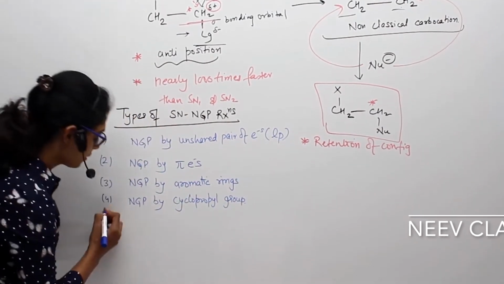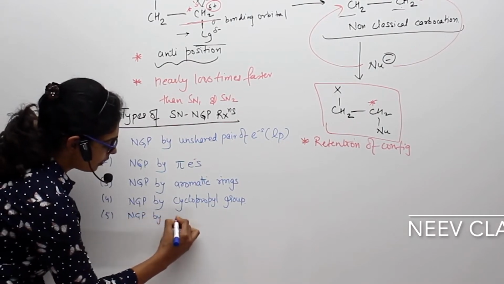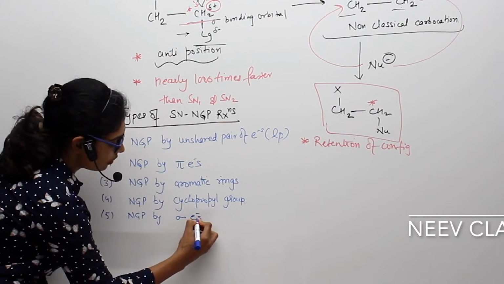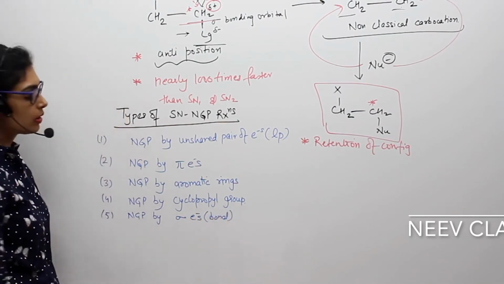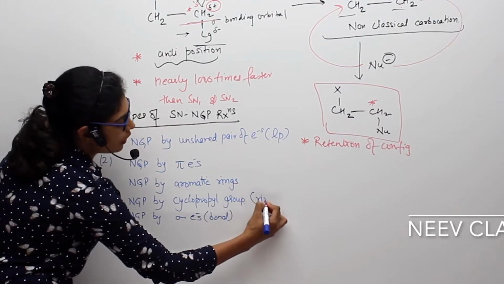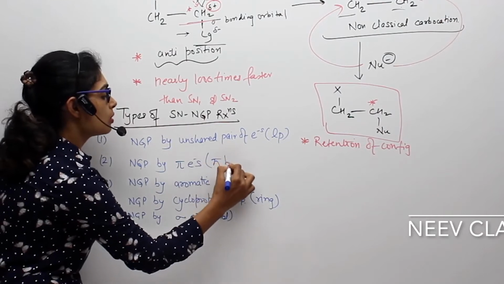And the fifth one is NGP by sigma electrons or sigma bond. This cyclopropyl group we can also call a cyclopropyl ring. Sigma electrons are also called sigma bonds.